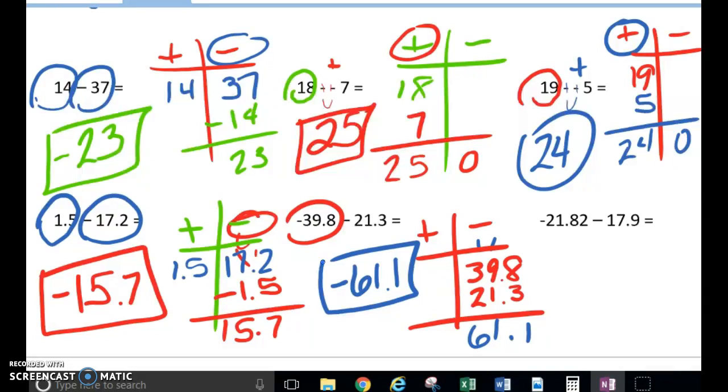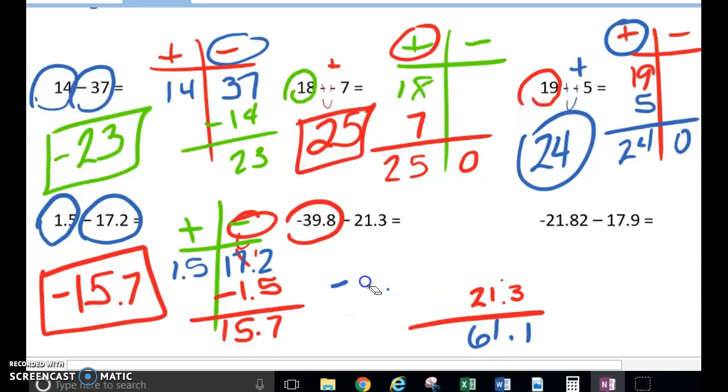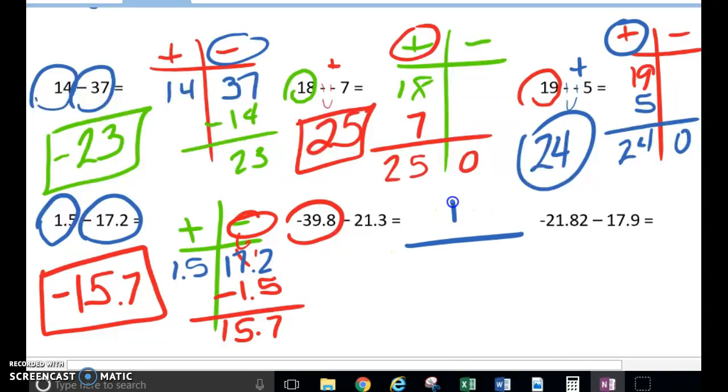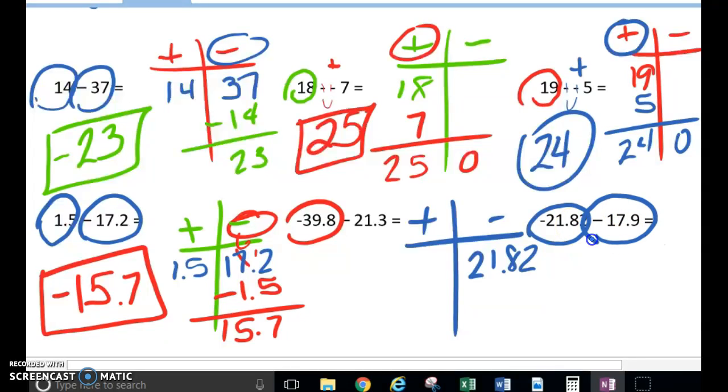And my last one, I'm running a little bit out of space, so I'm going to erase this one. Positive and negative scorecard. This is a negative, so we're going to go ahead and put it on the negative score. So my negative team scored 21.82 points. And here, this minus sign means the same thing as a negative. So I'm going to go ahead and add that in.